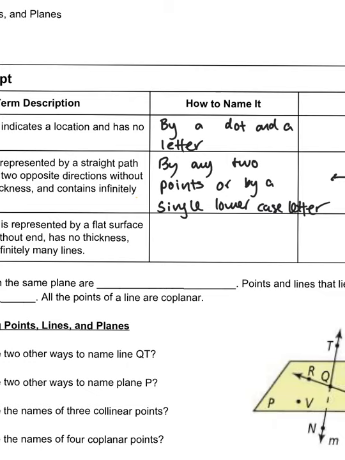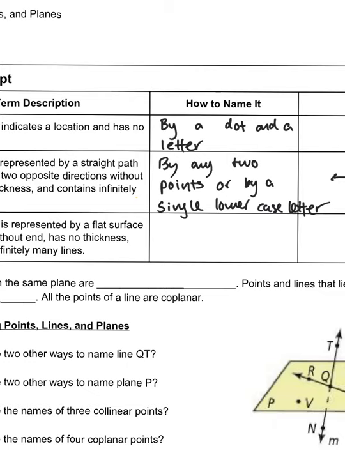Now a plane is represented by a flat surface that extends without end, has no thickness, and contains infinitely many lines. Now this is a plane.